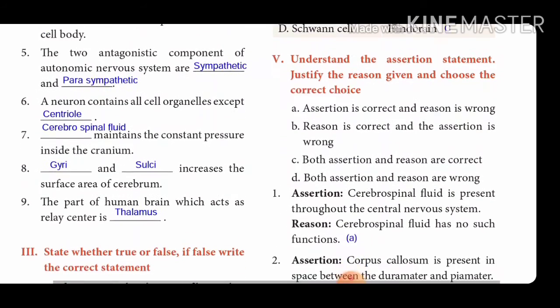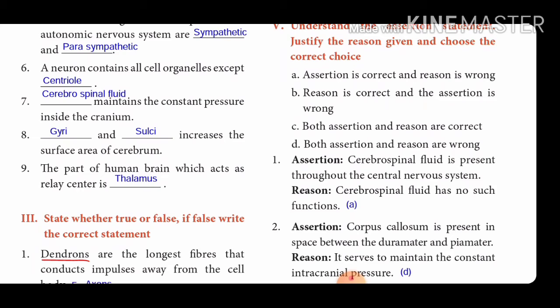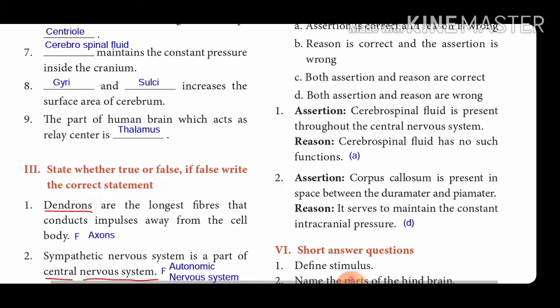Sixth one, a neuron contains all cell organelles except centriole. Seventh one, dash maintains the constant pressure inside the cranium, cerebrospinal fluid. Eighth one, dash and dash increase the surface area of the cerebrum, gyri and sulci. Ninth one, the part of the human brain which acts as a relay center is thalamus.